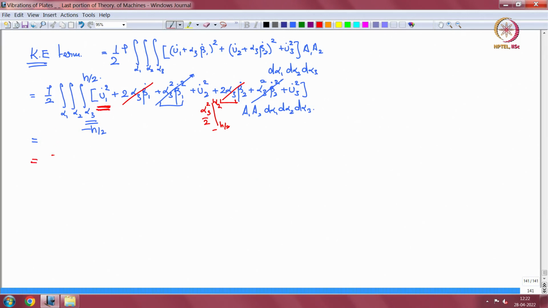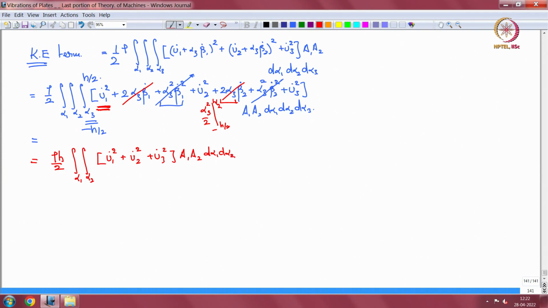So we get rho h by 2 integral over alpha 1 integral over alpha 2 of u1 dot square plus u2 dot square plus u3 dot squared, A1 A2 d alpha 1 d alpha 2.